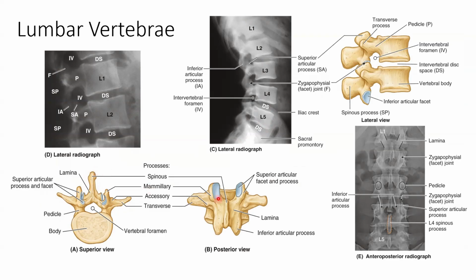And then we get articular processes and facet joints that are oriented in the sagittal plane. So they're oriented front to back. And that sagittal orientation allows for flexion and extension, allows for side bending, but limits the amount of rotation that is able to happen in the lumbar spine.